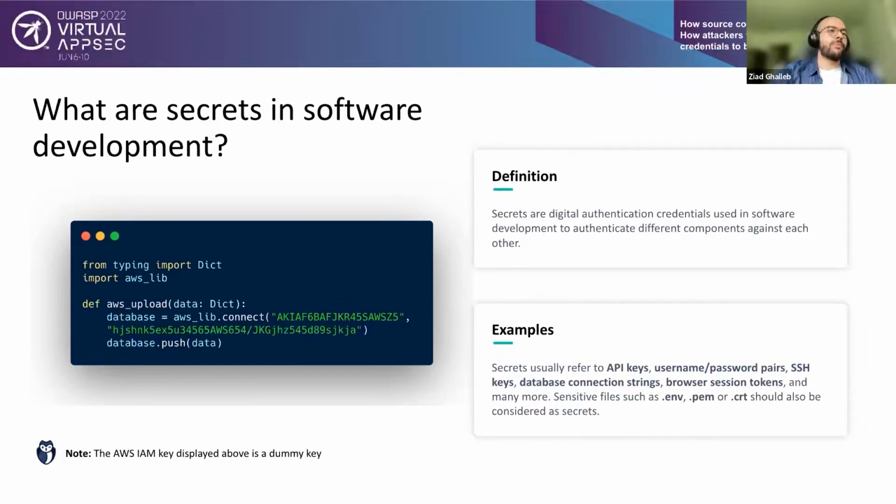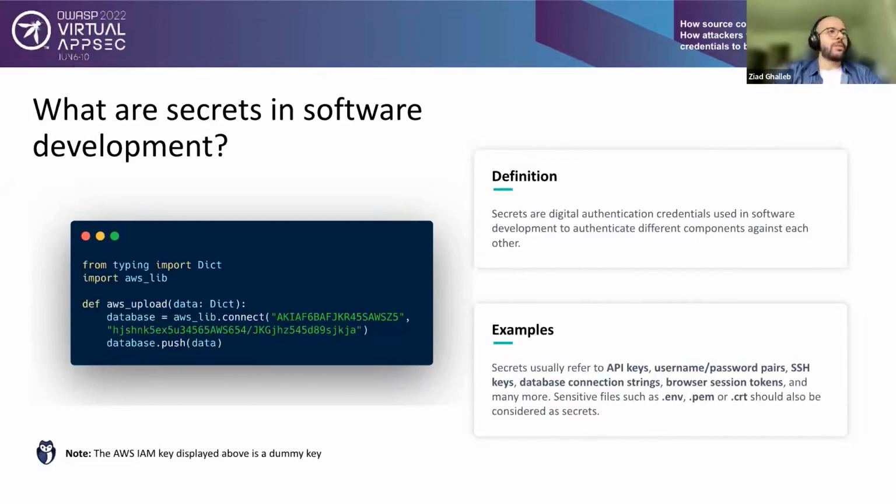Now, let's give some examples of secrets to illustrate this notion. Usually, secrets refer to API keys, username and password pairs, SSH keys, database URLs, JWT tokens, etc. But we should also consider sensitive files such as .env files in your directories or certificates as secrets.